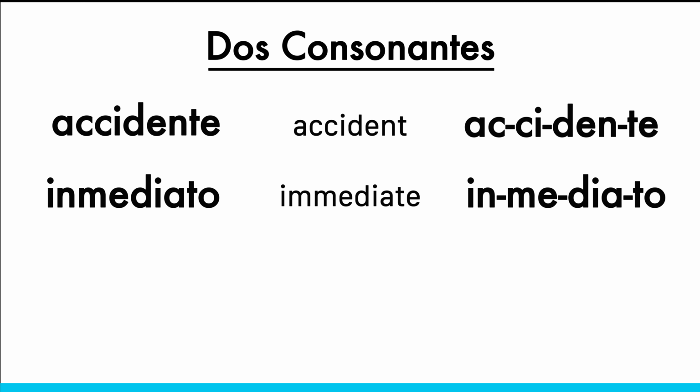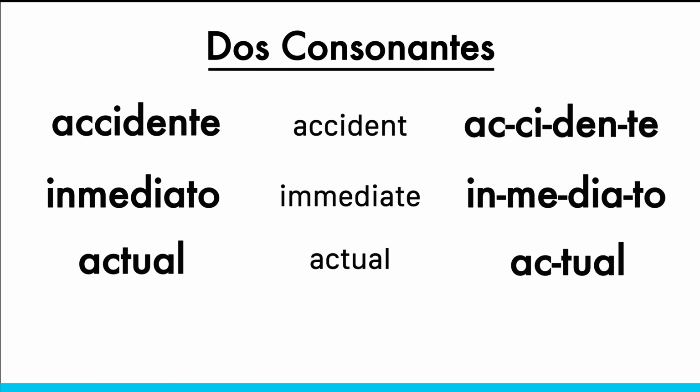Inmediato. The N stays with letter I, the M stays with letter E. For this word inmediato, we also can see a weak vowel I with a strong vowel A, so they are going to stay in the same syllable. The next word is actual.